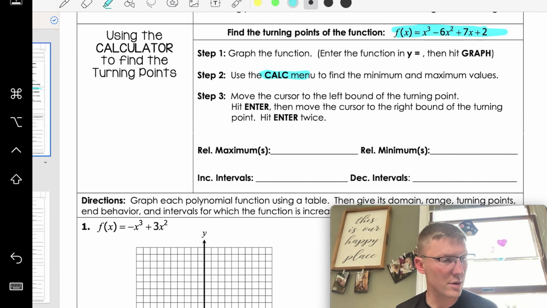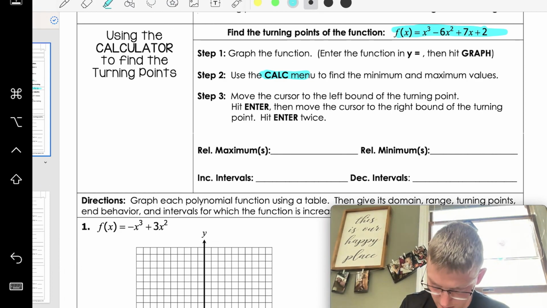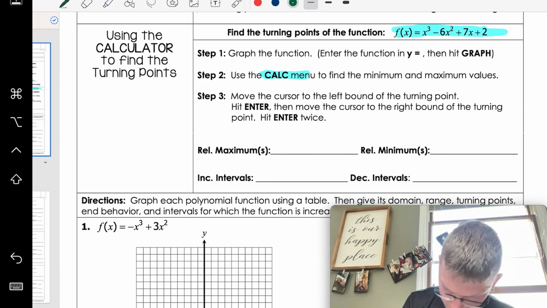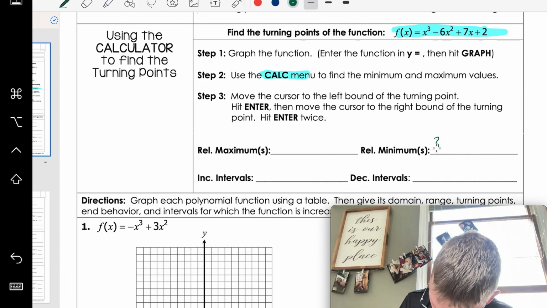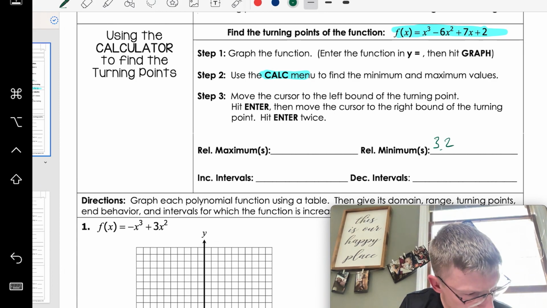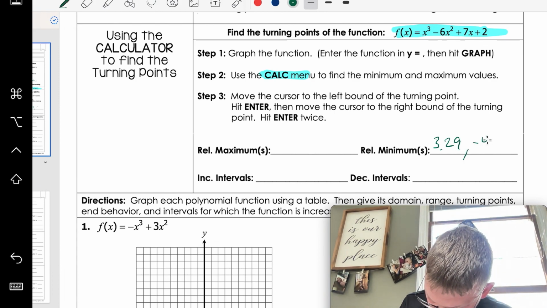And it gives you the minimum on the calculator. So we're just going to round it to the nearest hundredth. Our minimum is going to be 3.29 comma negative 4.30.